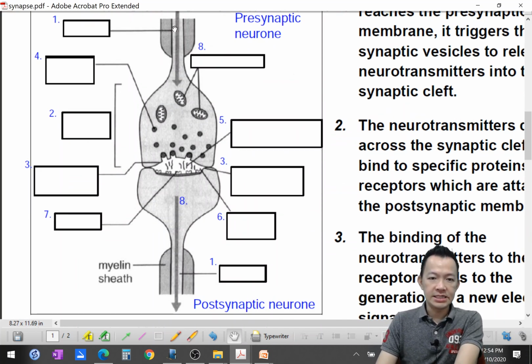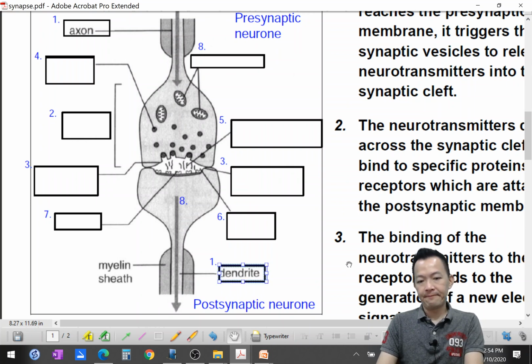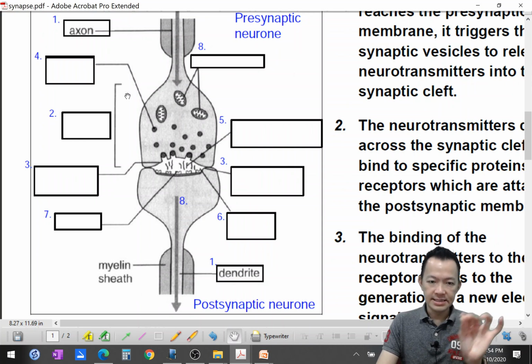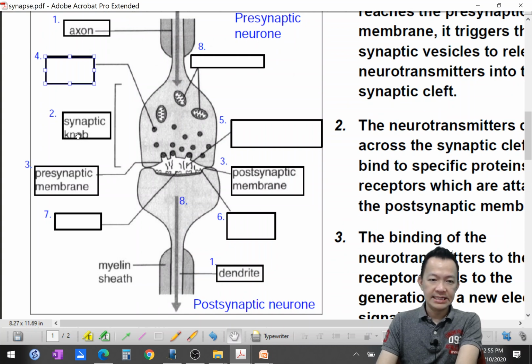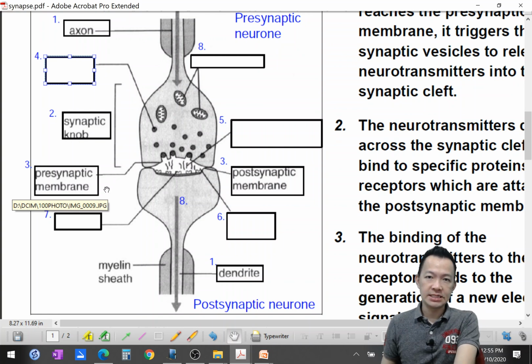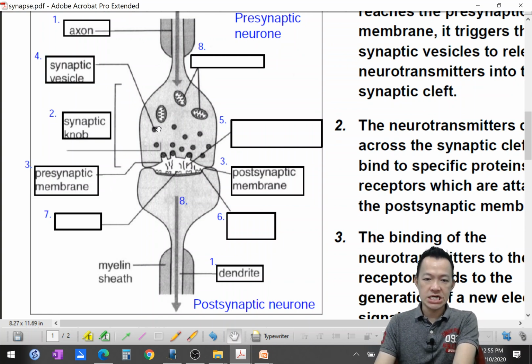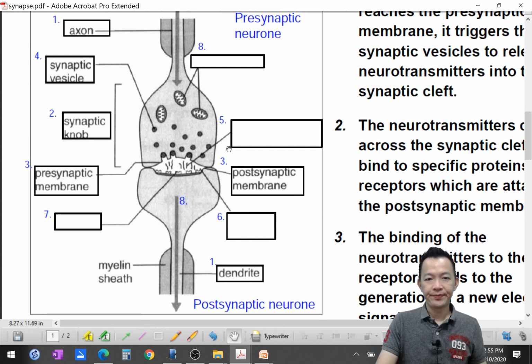This is the axon; the receiving end is the dendrite. 2号，整个头就叫 synaptic node. 3号 presynaptic membrane, postsynaptic membrane, synapse 过后的 membrane. 4号 synaptic vesicle.